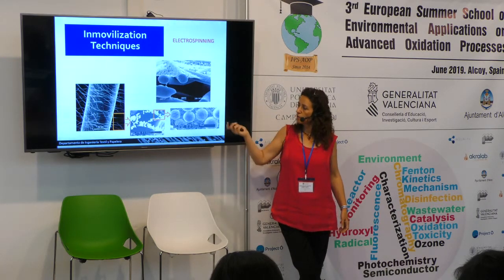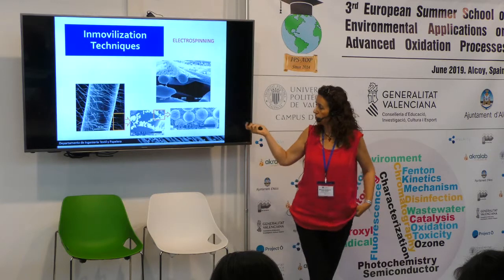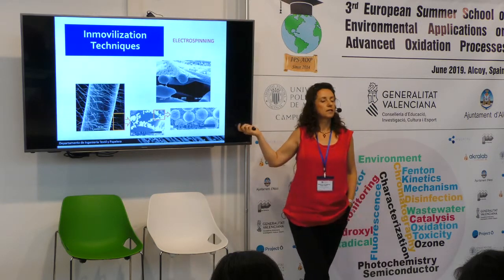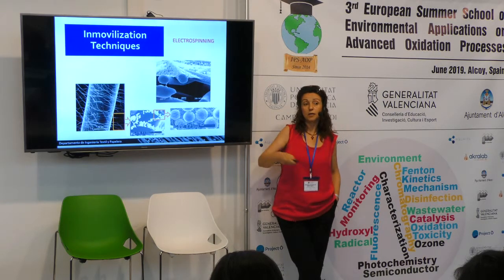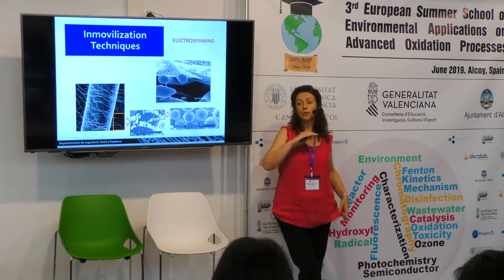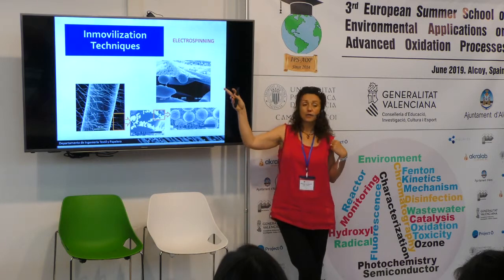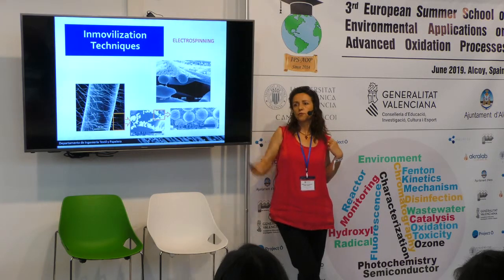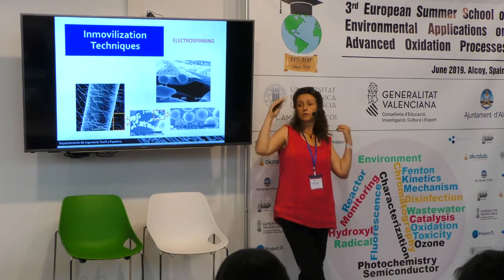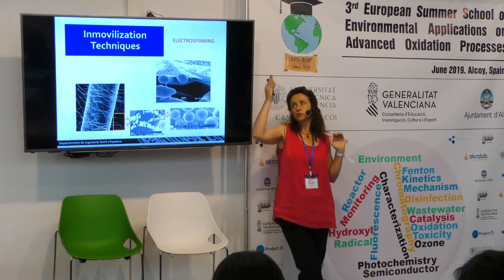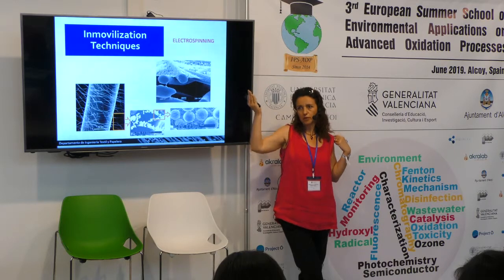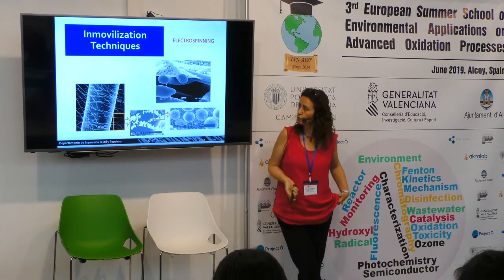For example, one of the developments we did recently was for the acoustical field. We included some particles and protected them by electrospinning, and if you want to use them on the roof, it improves the acoustical effect, and you don't need to touch it too much. Okay, so this is a good solution.